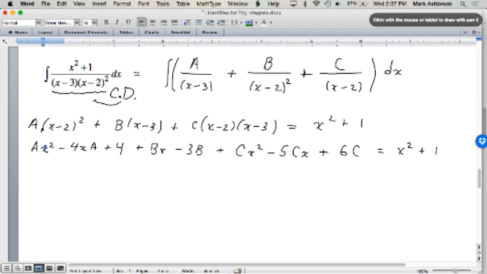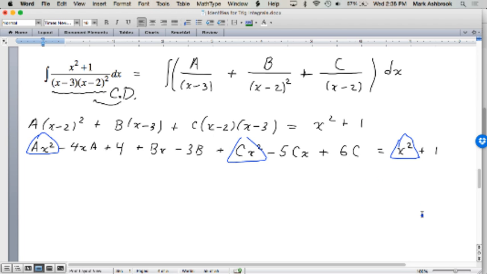Okay, x squared terms. So we're going to gather up terms. We got the x squared here. Blue triangles. And there. And there. There's my x squares. I got my x's.